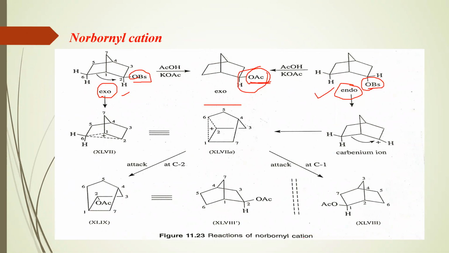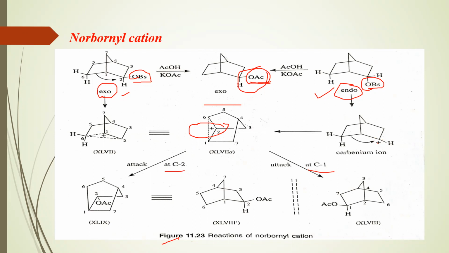Then this cation is attacked by the acetate group at the C2 position. The attack of the acetate group at C1 occurs because of rearrangement of that group: removal of the leaving group forms the carbocation.